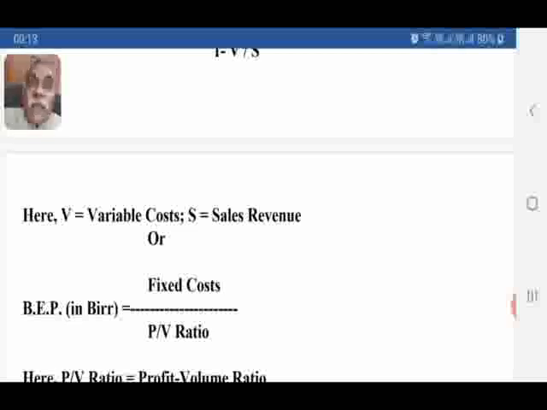Or you can say again break-even point in rupees, how we calculate, that is fixed cost divided by PV ratio, that is profit volume ratio. And profit volume ratio is what? Profit volume ratio is C by S, contribution over sales multiplied by 100. That is, profit volume ratio is the relationship between contribution and sales.